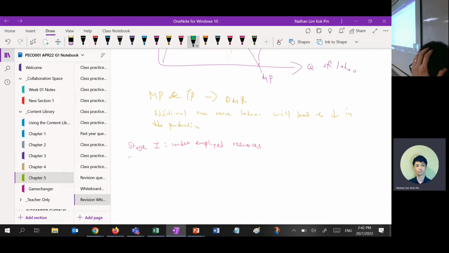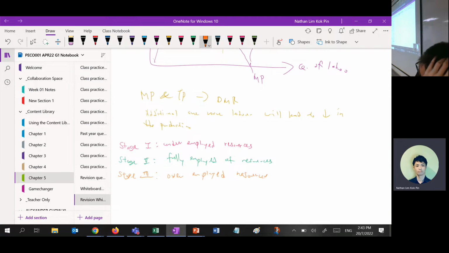Stage 2 is full employment of resources. Stage 3 is overemployment of resources. Examples, you think yourself.